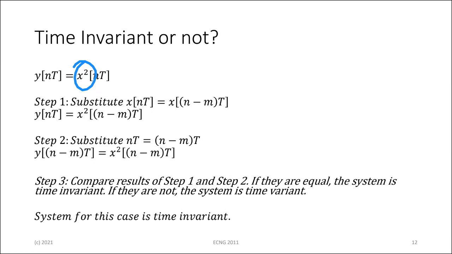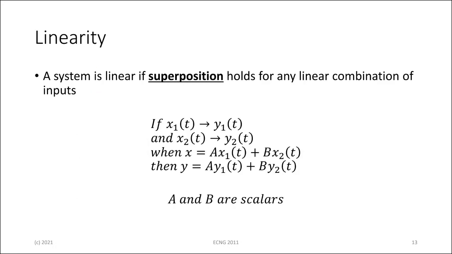And you'll have enough examples in the problem sets to play around with this. The other thing that we might like is to find out if the system is linear. Now, linear is if a particular thing called superposition holds. What is superposition?